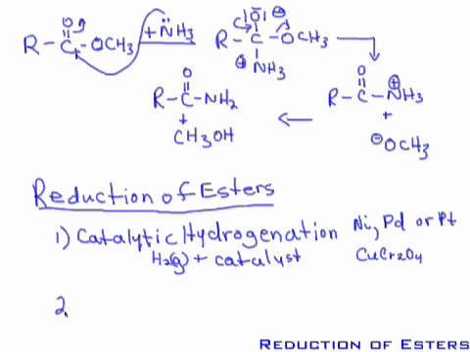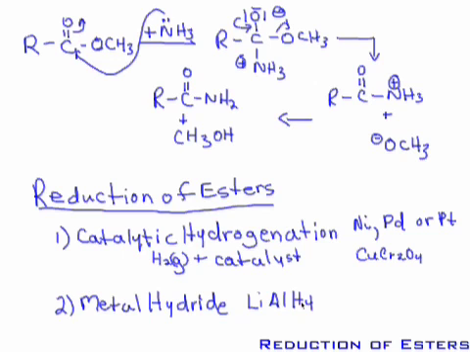The other methodology is metal hydride reduction. And in this case, you've got to use a powerful metal hydride. And so the metal hydride that's used as the reagent most often is lithium aluminum hydride. And we're going to look at both of these reactions. So let's begin with catalytic hydrogenation.